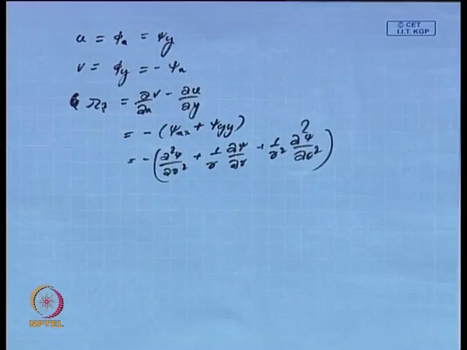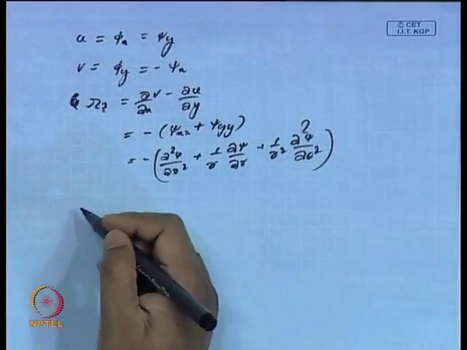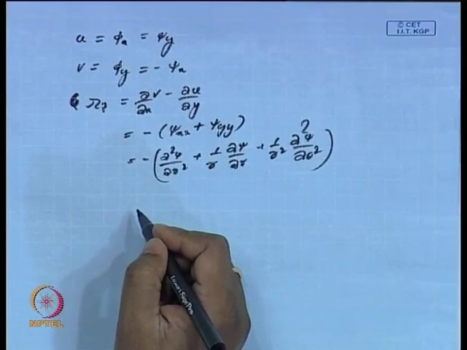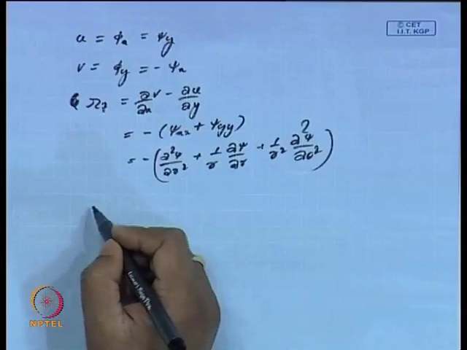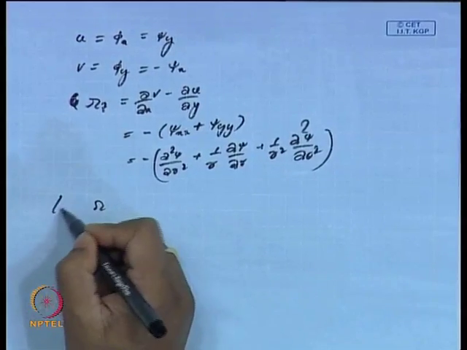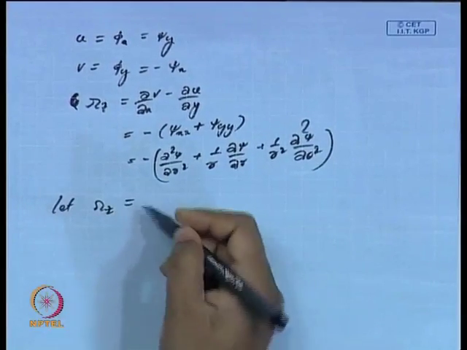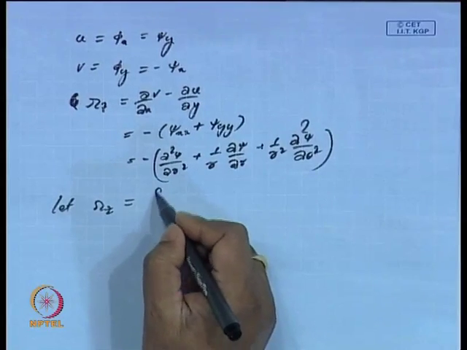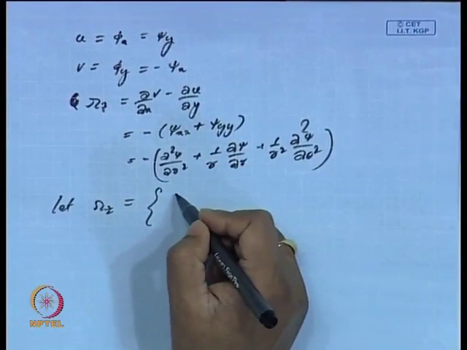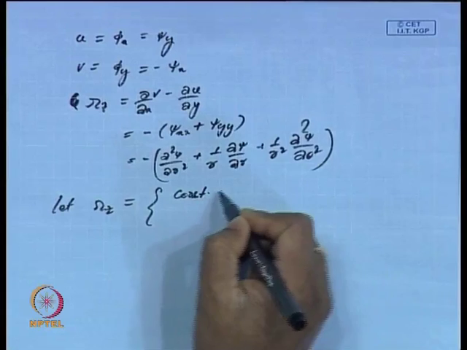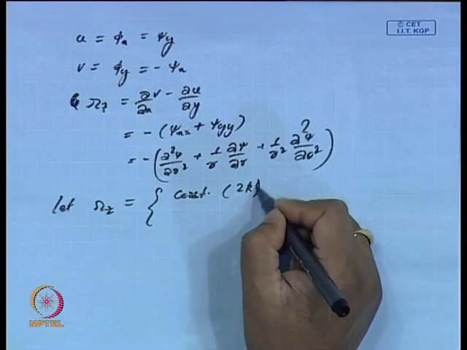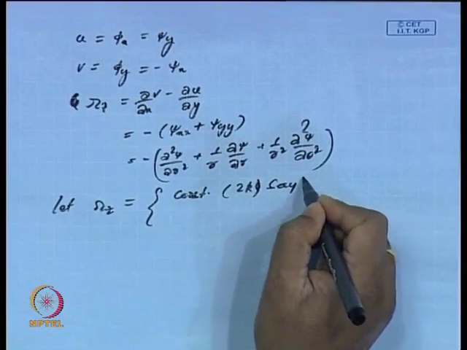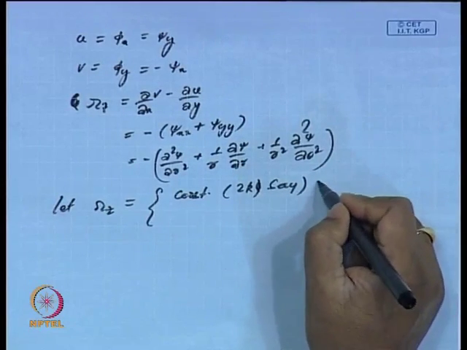This is omega z. Now, let omega z be equal to a constant, let us say 2k, within the cylinder.